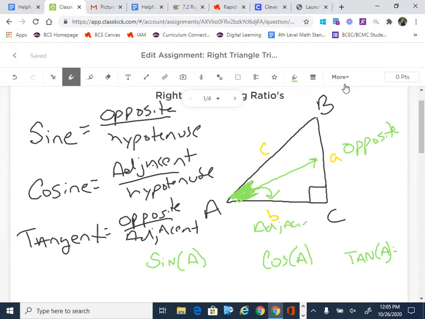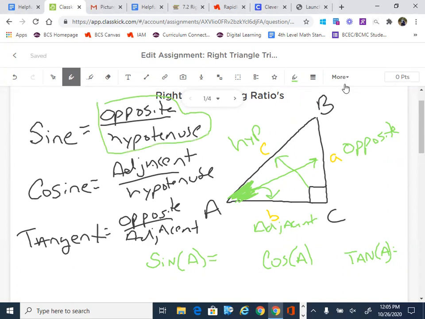And the reason why I didn't put the C as the adjacent is because the hypotenuse is always straight across from the right angle. So if I was to create a trig ratio of a fraction for sine of A, I know that sine of A is opposite over hypotenuse.